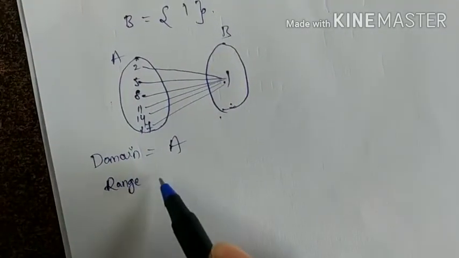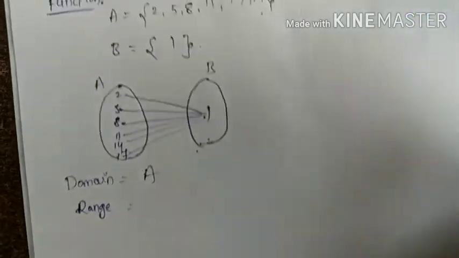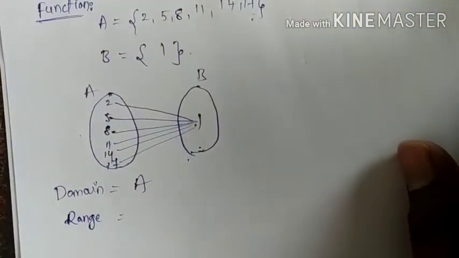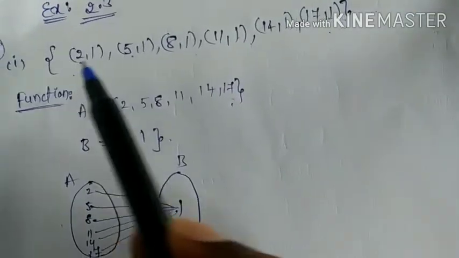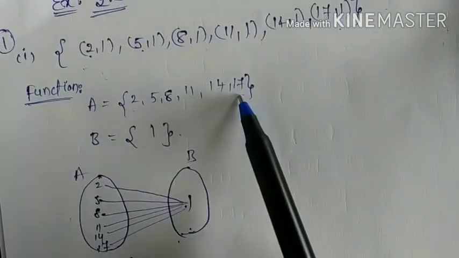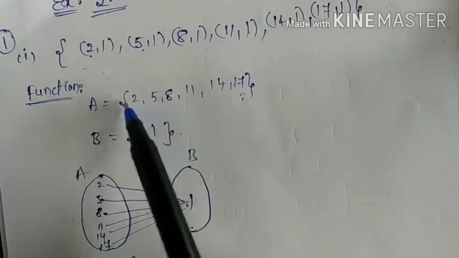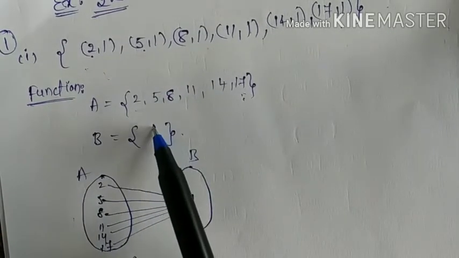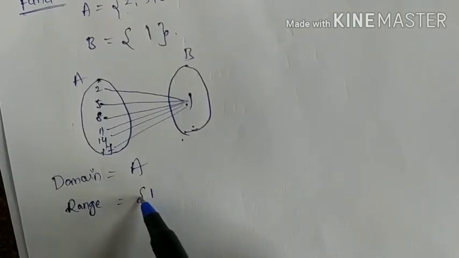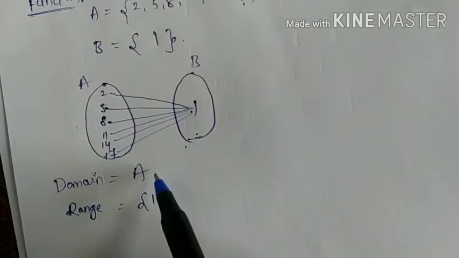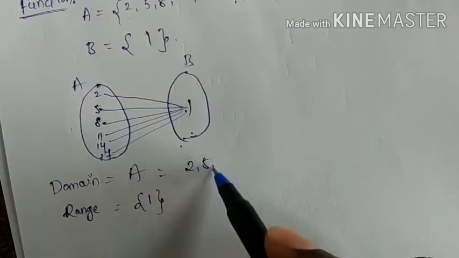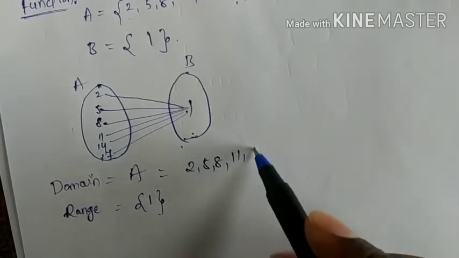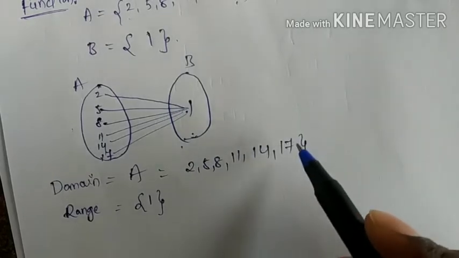Range is the images of the elements of A, right? These are the elements of A. So images of these elements are only 1, right? So that's why the range of this relation is 1 only. So here domain is A, A means all these elements 2, 5, 8, 11, 14 and 17.